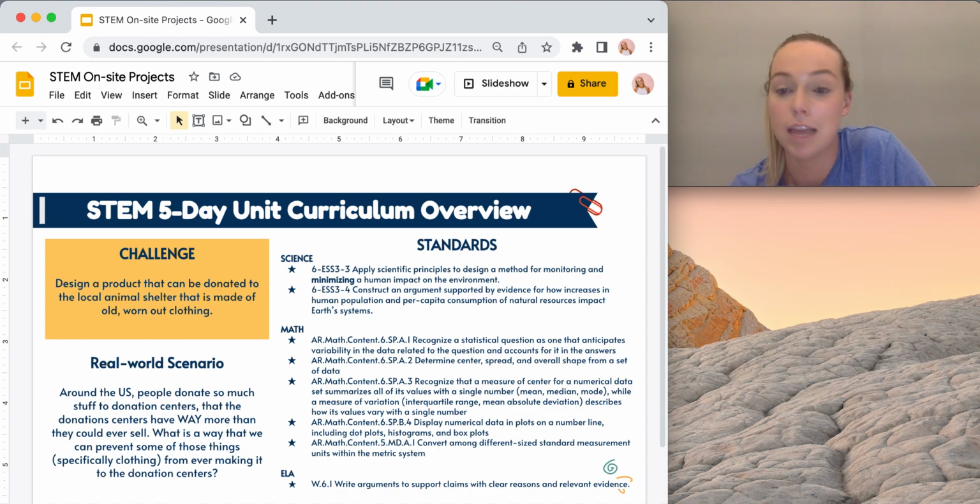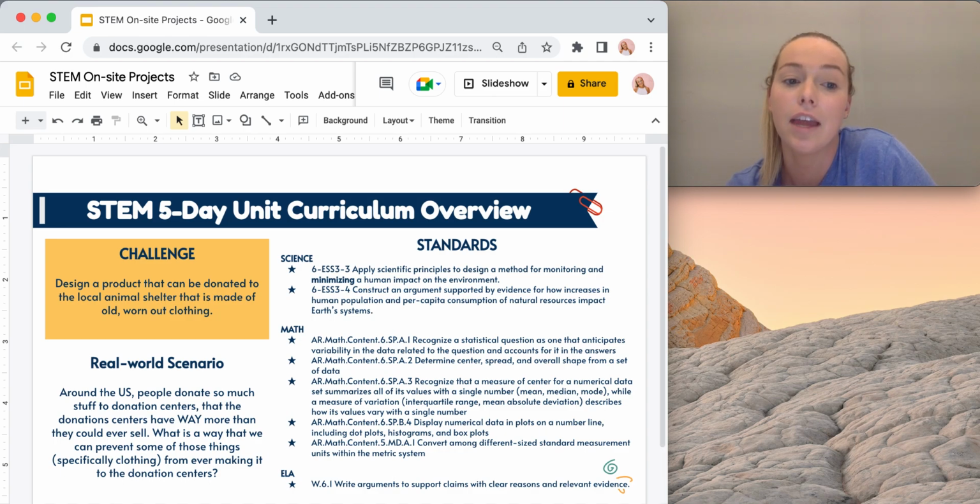A lot of the clothing that ends up there can't actually be sold, and so around the US, people donate so much stuff to donation centers like Potter's House or Goodwill that the donation centers have way more than they could ever sell. And so my students really focused on what is a way that we can prevent some of those things, specifically clothing, from ever making it to the donation centers.